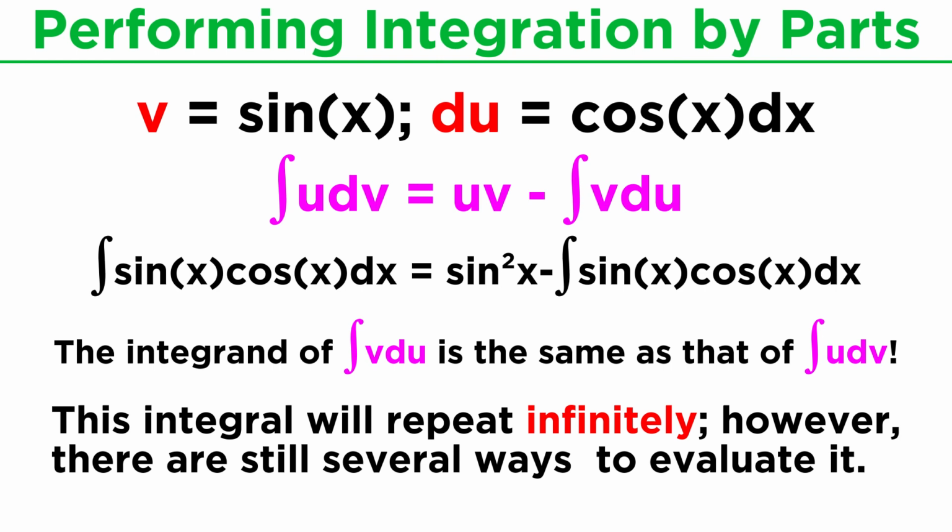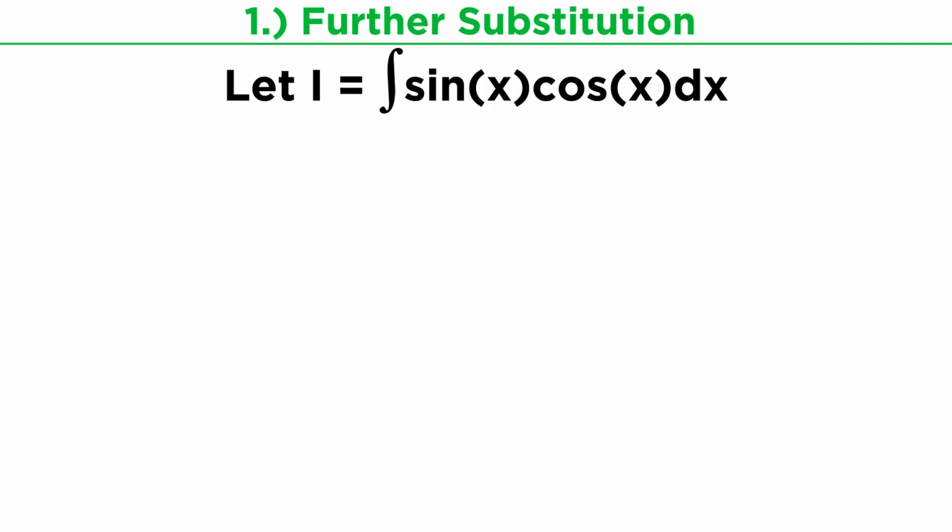However, we can still find a multitude of ways to evaluate it. One way is to use further substitution. We will let I be equal to the antiderivative of sine x times cosine x.